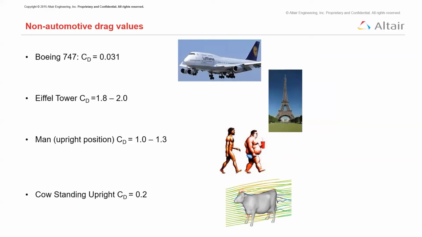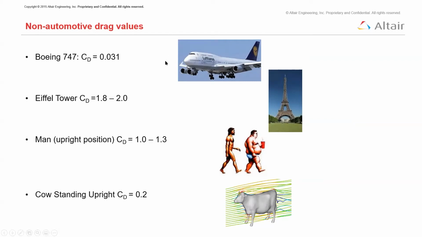This is just a fun slide where we typically throw in some non-automotive values. The Boeing 747 achieves 0.031 CD. Now this can't really be compared apples to apples to an automotive case. Like I said, this frontal area is actually calculated using your top view planform area.